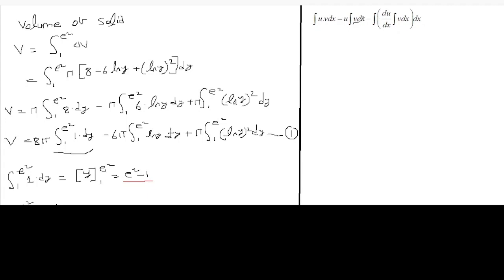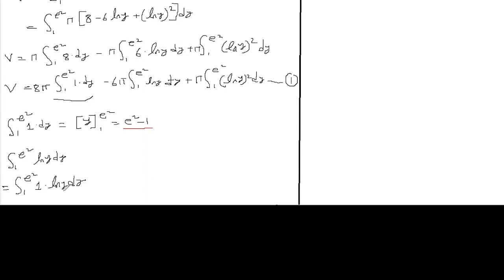As we need to integrate the v, so v should be a term which will be easily integrable. Now, if we look at the expression we are trying to integrate, 1 into ln y, integration of ln y is not known, but integration of 1 we can take as y.